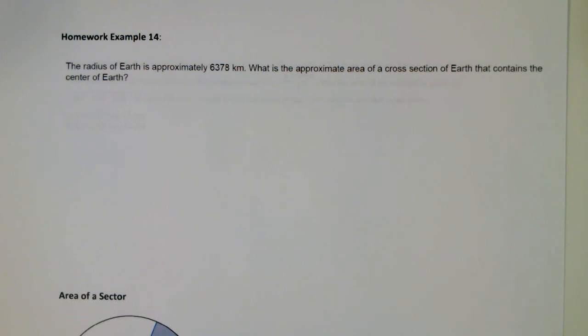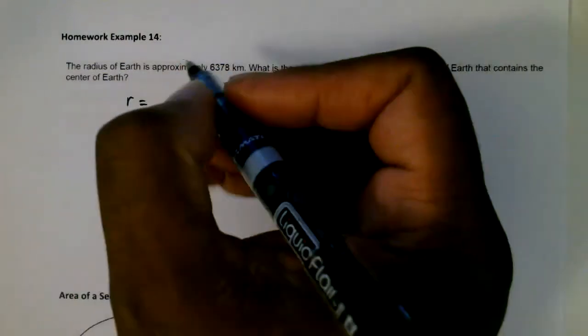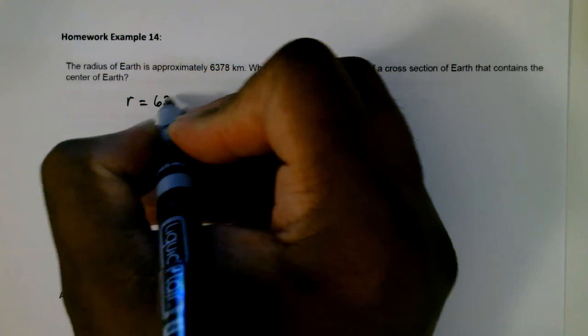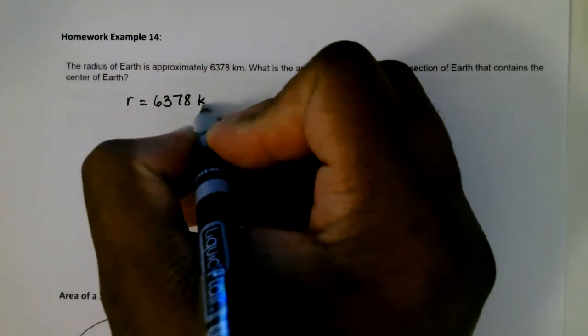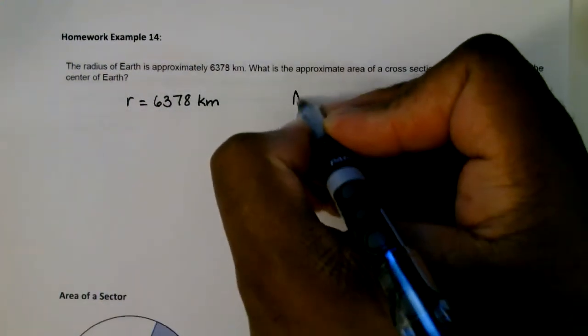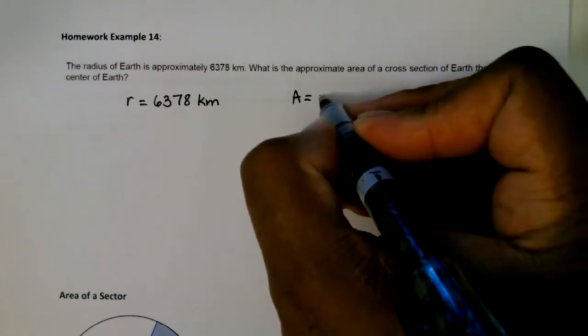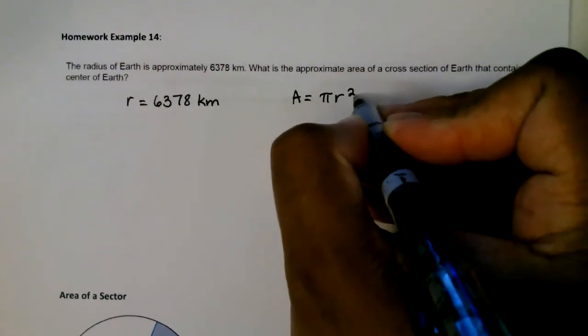Okay. So in this case here, they may ask for your answer to the nearest million. So the radius in this case is 6,378 kilometers. And here it's a circle, so it will be A is equal to pi times the radius squared.